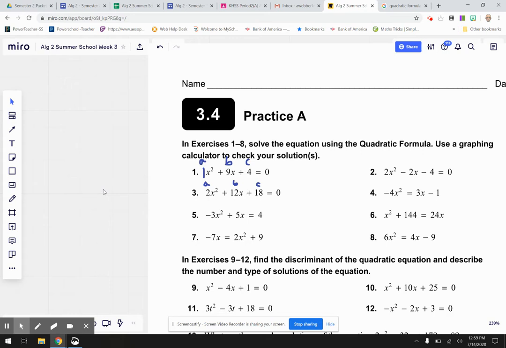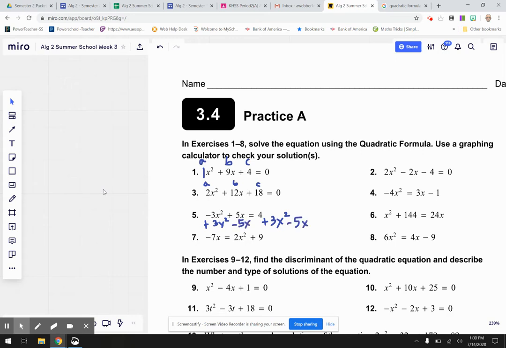Number 5, you're going to want to get it equal to 0, so you're going to need to subtract 4. Or actually, it would be better if A is not negative. So it would be better if we added 3x squared to both sides and subtracted 5x on both sides.